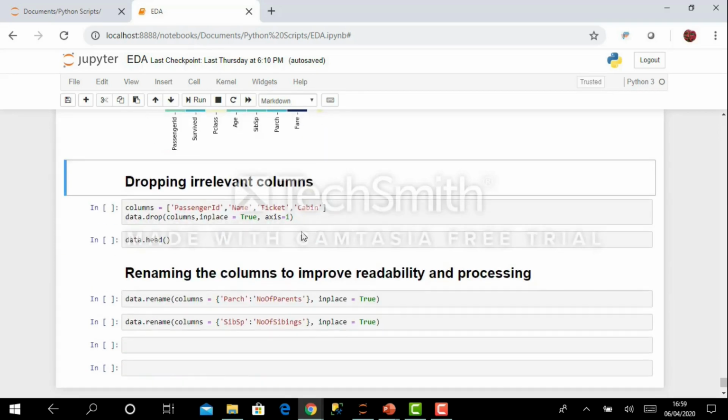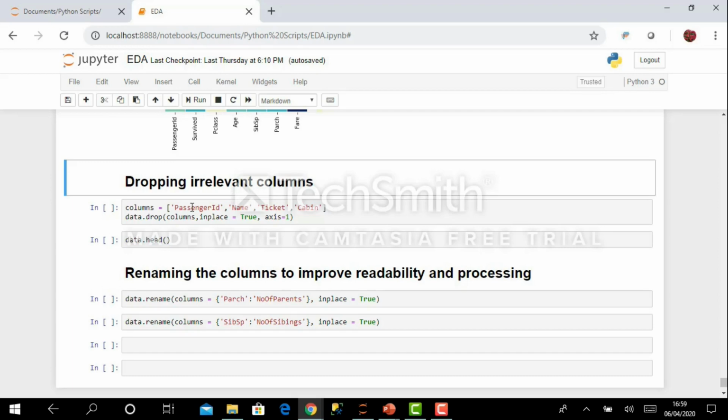Okay. Then another important thing is, so far we have discussed the relationship among different features, and we now have a lot of idea about the data type and the exact data in the column, and we have handled the missing data as well.